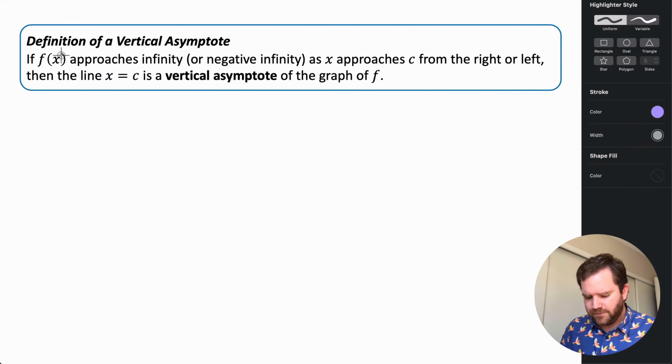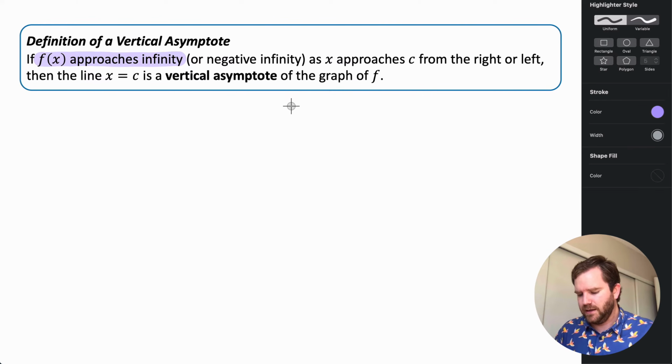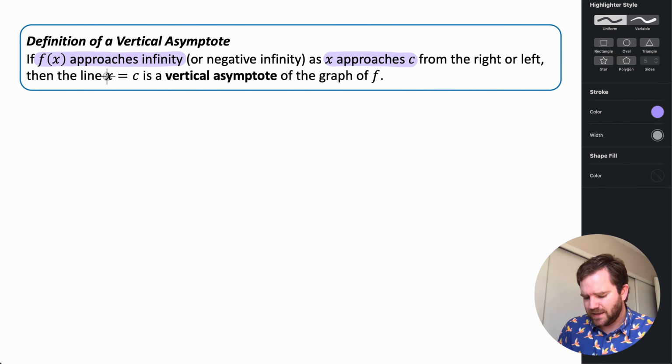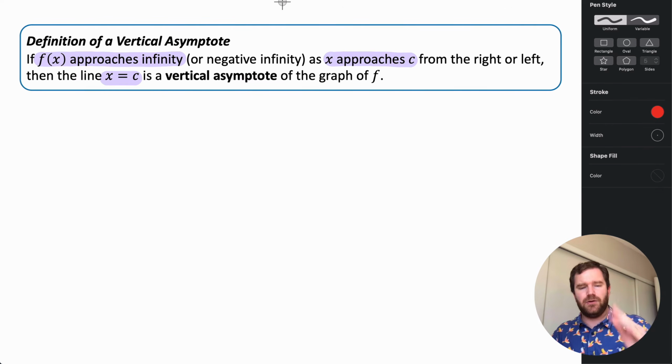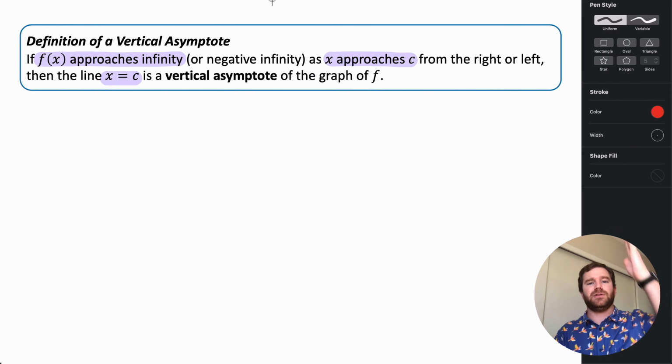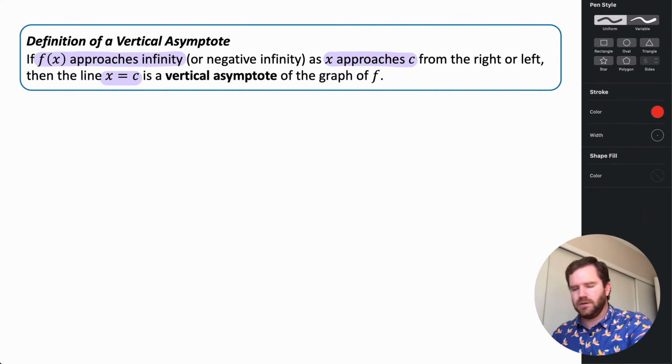We say if our function's value is approaching infinity or negative infinity as our x value is getting closer to some value of c from either the right or the left, then we can say that the vertical line x equals c represents a vertical asymptote. So essentially all this is saying is if, as you approach some x value from either the left or the right, it blows up to infinity or goes down to negative infinity, then the number it's approaching represents a vertical asymptote.